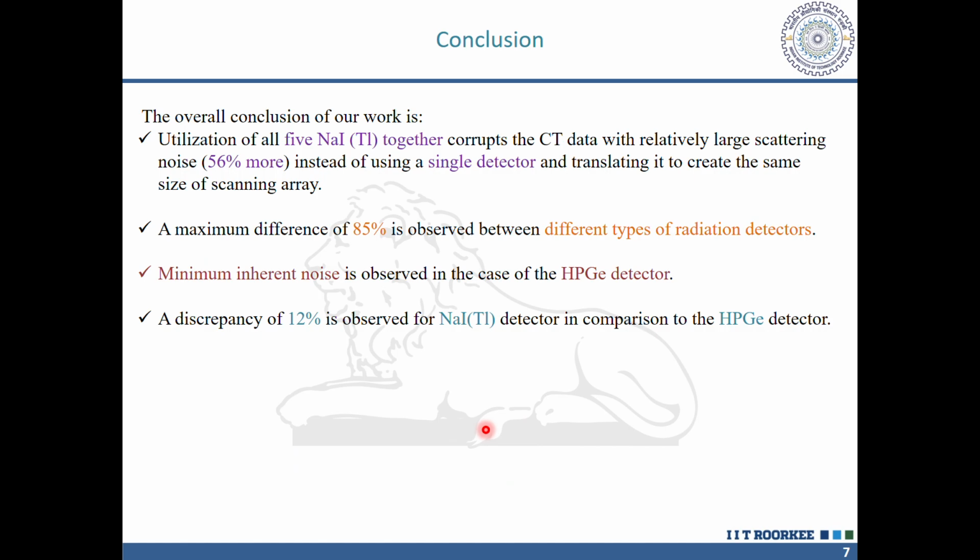The conclusion of this study is as follows. With the utilization of 5 sodium iodide detectors together, we observed 56% more scattering noise as compared to the single detector. So this study suggests that we can utilize a single detector and minimize the level of scattering noise.